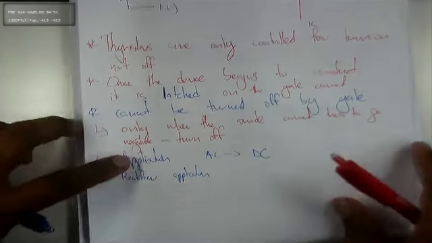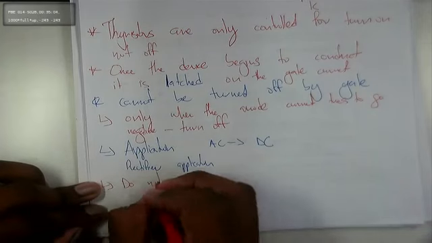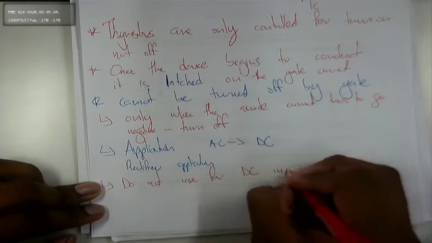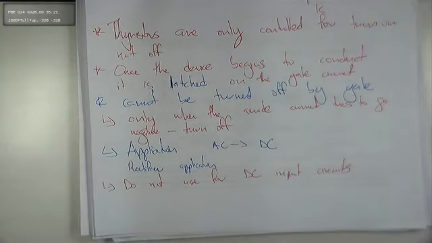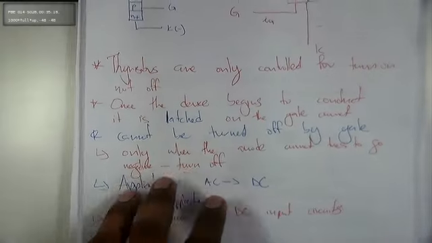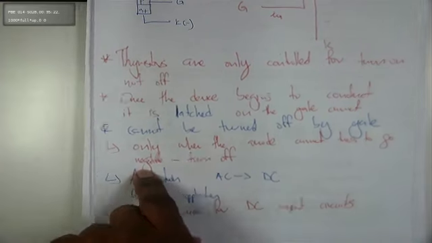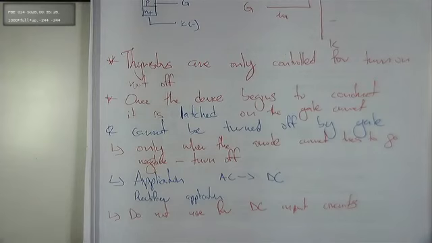And also put it in red. Do not use for DC input circuits, because it's hard to turn off. Reason being, only when the anode current tries to go negative, then the device will turn off. If we have a DC supply, then we'll need an auxiliary circuit to bring it. Auxiliary circuit means another circuit to just bring it from positive to negative.